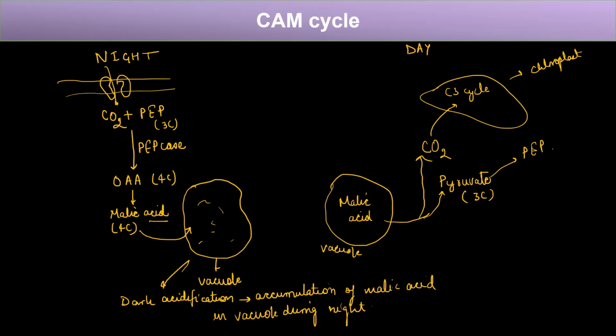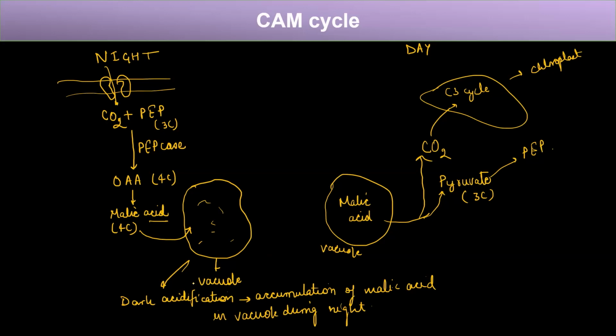The intermediates that are formed are same. The only difference is that in the C4 cycle, these were happening in 2 different types of cells, so they have spatial differentiation, while in the CAM cycle, these are happening in the same type of cell, but at 2 different time points. So this is the difference.